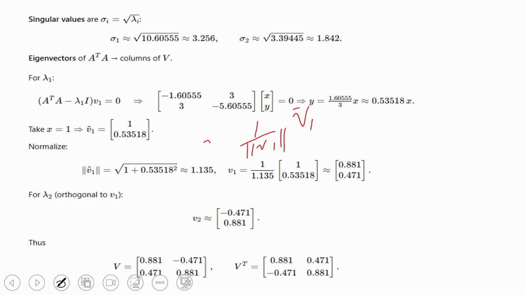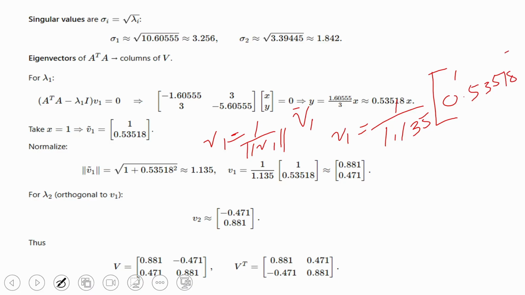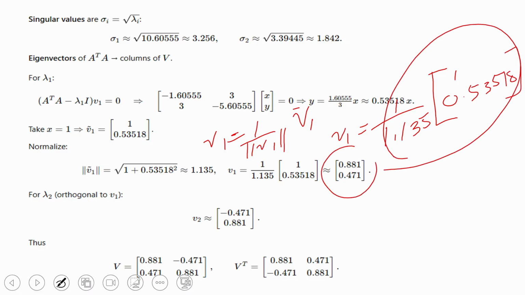Therefore, V1 equal to 1 by 1.135 into V vector is 1 and the next element is 53518. Solving this, you will get this value.